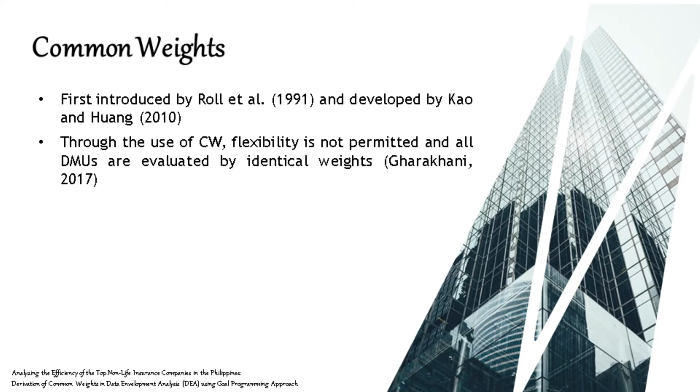The challenge of non-standardized weights was addressed by the introduction of common weights. Here, flexibility is not permitted, and all DMUs are evaluated by identical weights. This addresses the issues of arbitrary assignments and non-comparability of efficiency of DMUs.